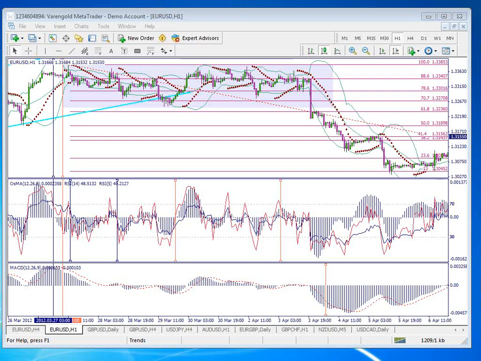As you remember, the Fibonacci series is 1, 1, 2, 3, 5, 8, 13, and so on.